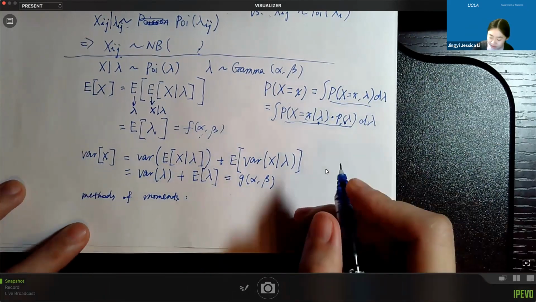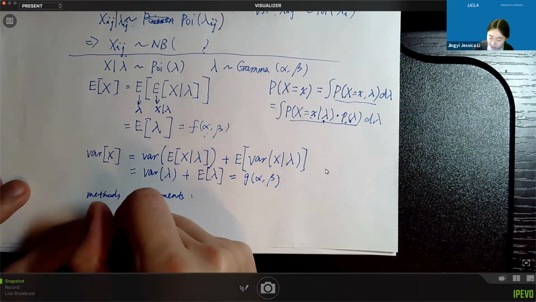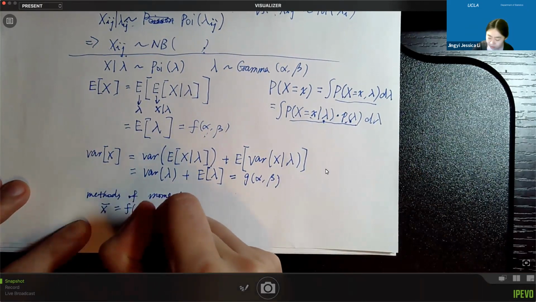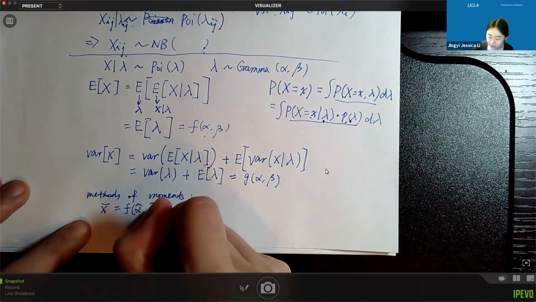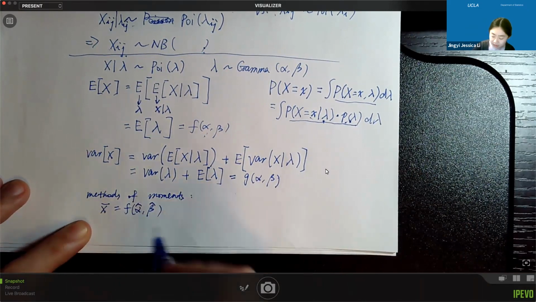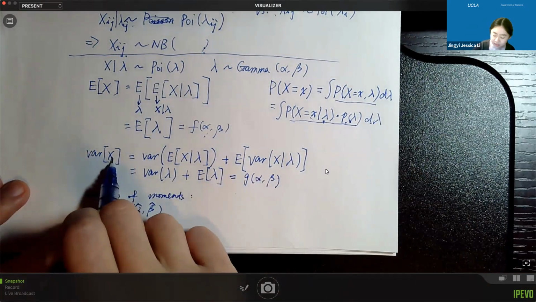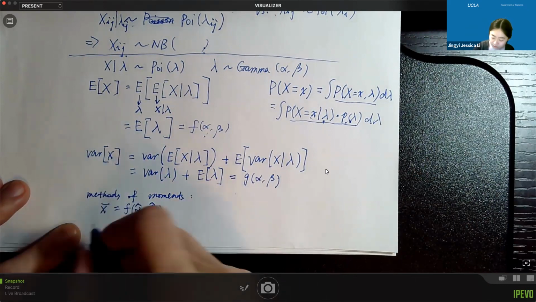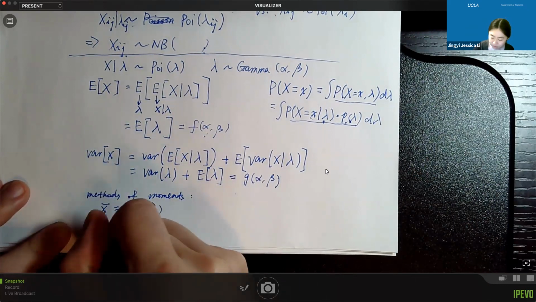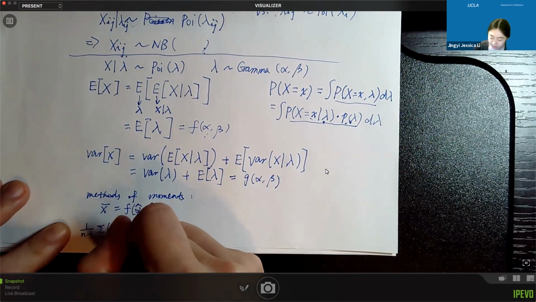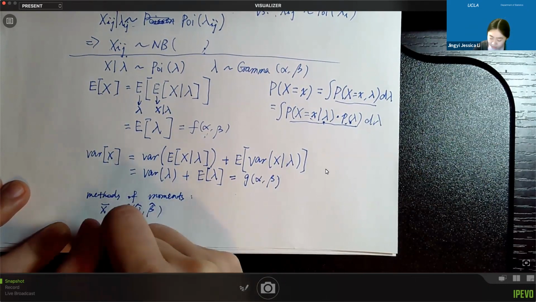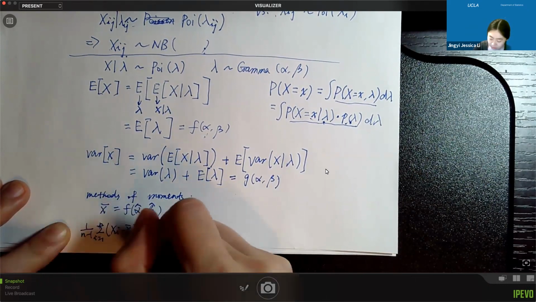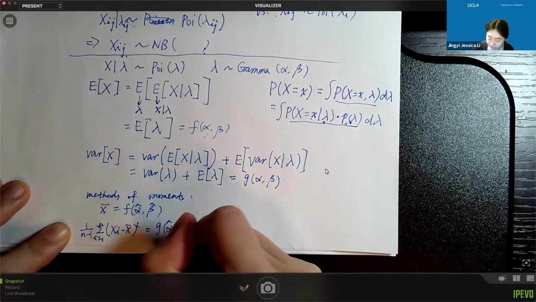So you can just say, okay, I will set X bar equal to my F of alpha hat, beta hat, to be solved as my estimate. And I can also have my sample variance, which I'll write as 1 over n times the sum of xi minus x bar squared, right? The sample variance formula is set equal to g of alpha hat, beta hat.